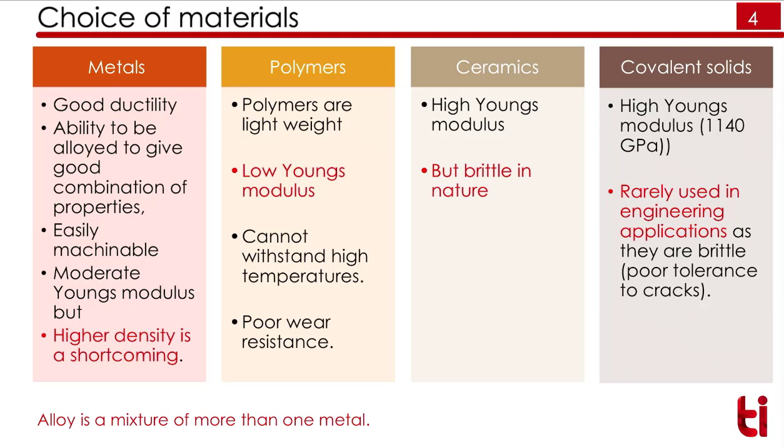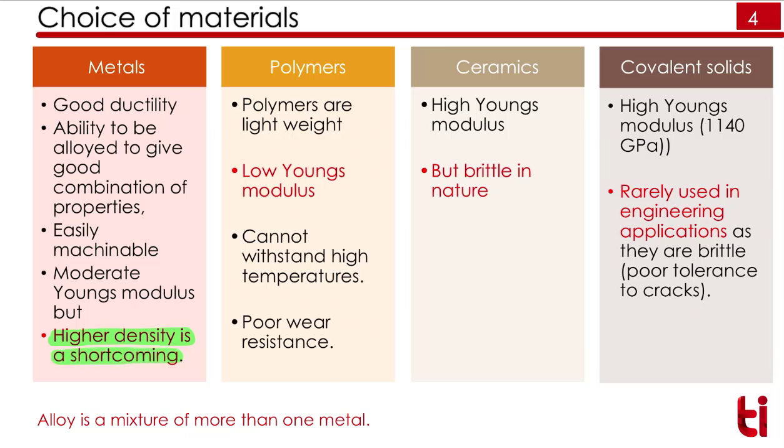An alloy is a mixture of more than one metal. Metals are generally easily machinable. Machinable means they can be castable, moldable and weldable. Metals generally have moderate Young's modulus, but the problem with metals is that they have higher density.